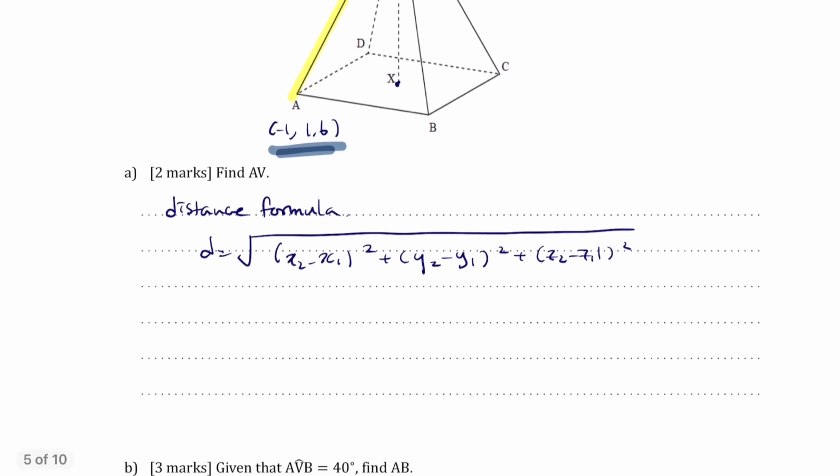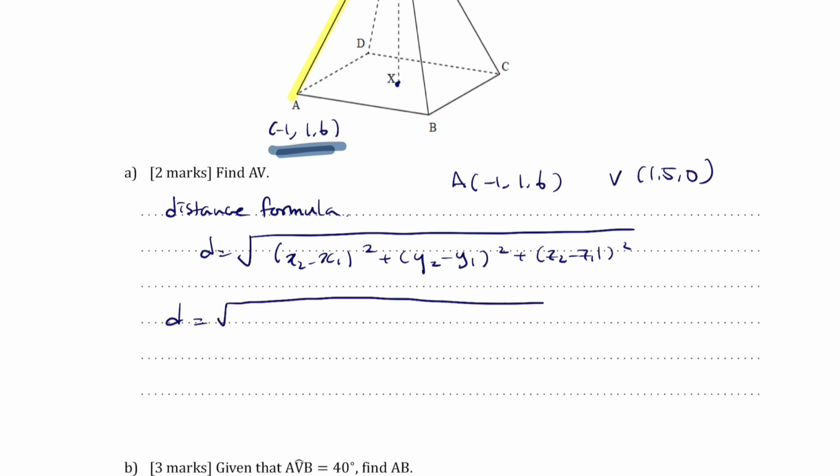Right? Then since we know that point A is negative 1, 1, 6, V is 1, 5, 0, we can substitute all these numbers here.